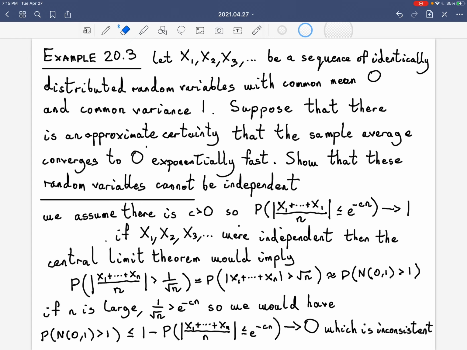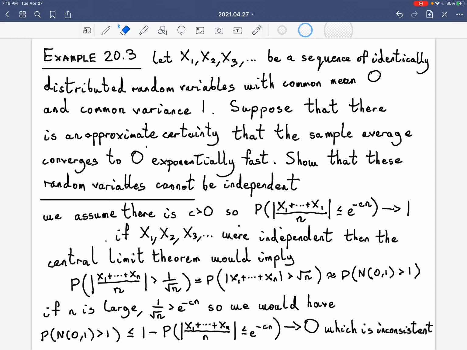And the reason it's inconsistent with independence of the random variables is because the central limit theorem tells you that you actually will have errors that are roughly as large as the square root of n. And an error as large as the square root of n causes more than an exponential deviation from the mean in the average.